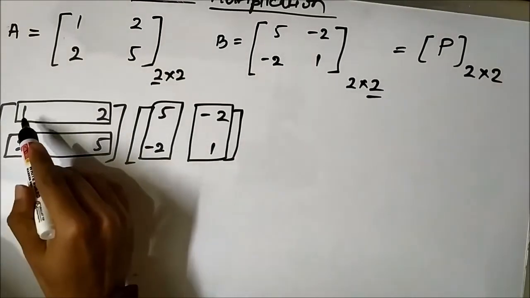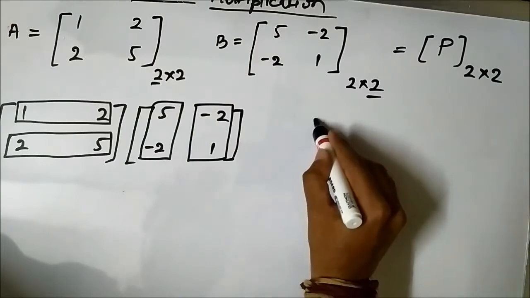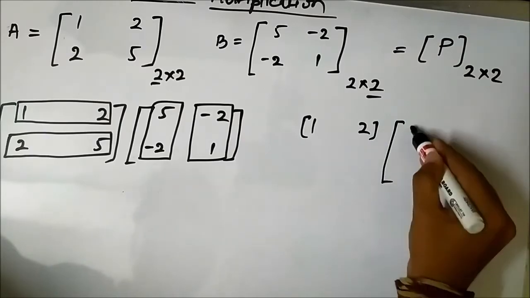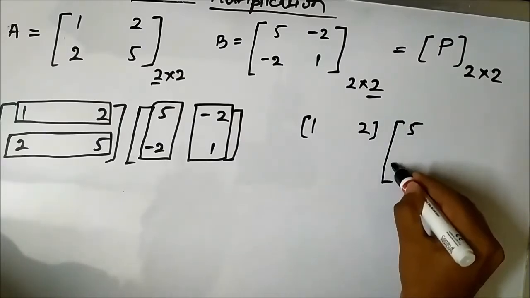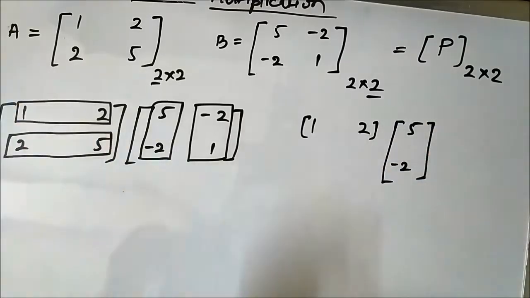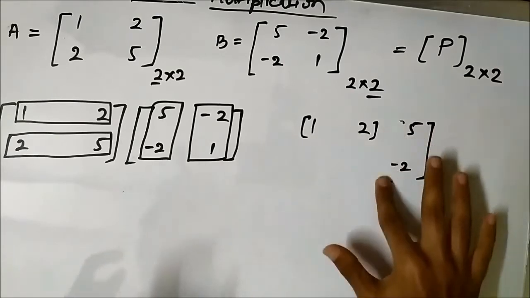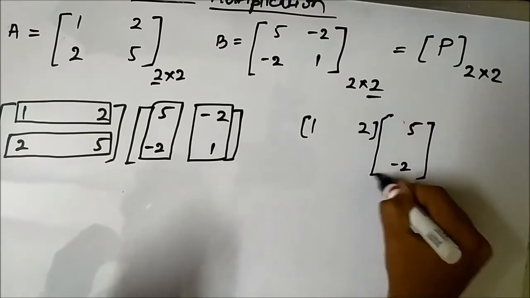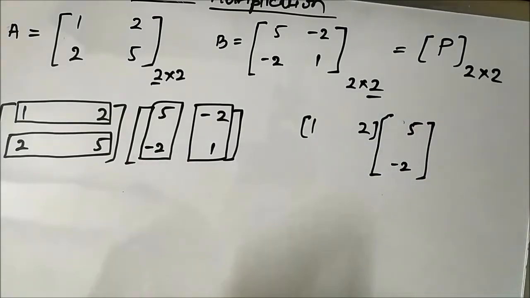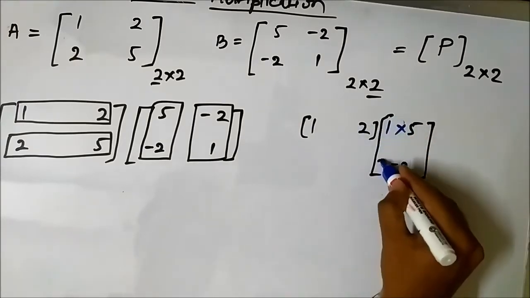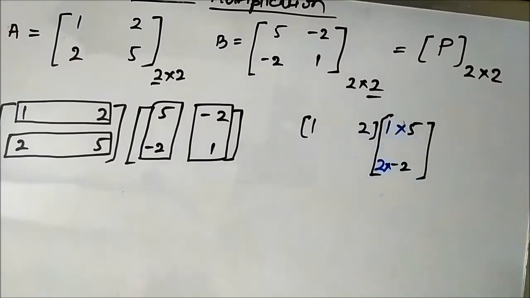So first, 1 cross 2 with 5 and minus 2. This 1 comes here, this 2 comes here, and we multiply and then add the results.